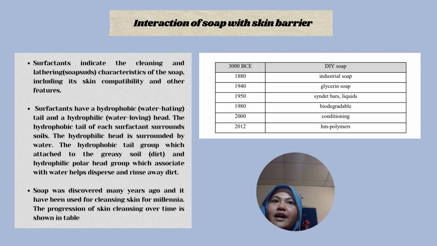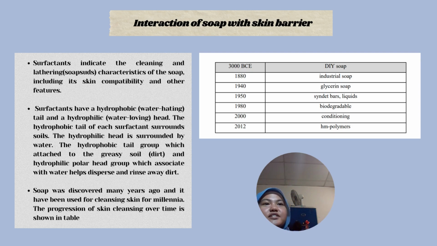Surfactants have a hydrophobic, which is water-hating, tail, and a hydrophilic, which is water-loving, head. The hydrophobic tail of each surfactant surrounds solids, and the hydrophilic head is surrounded by water. The hydrophobic tail group attaches to the greasy soil, which is dirt, and the hydrophilic polar head group associates with water, which helps disperse and rinse away dirt.